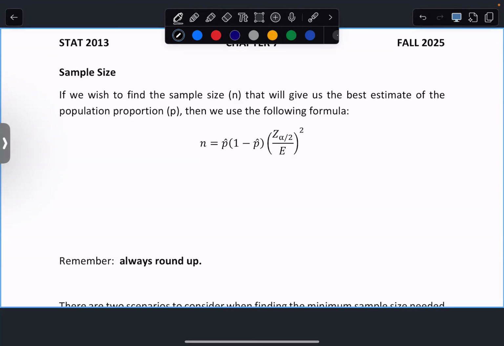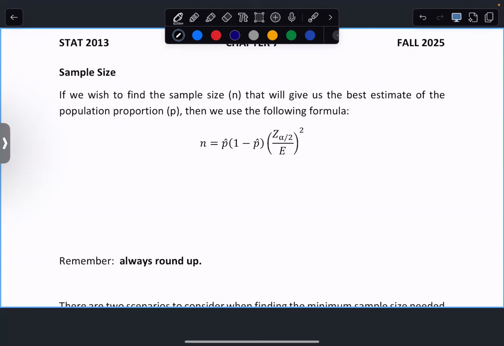I want to solve for n, so I'll divide both sides by z alpha on 2, so E divided by z alpha on 2 equals the square root of p hat 1 minus p hat divided by n. How do I get rid of the square root? I'll square both sides. So if I do that, this will cancel this. I'm left with E divided by z alpha on 2, all squared, equal to p hat 1 minus p hat divided by n.